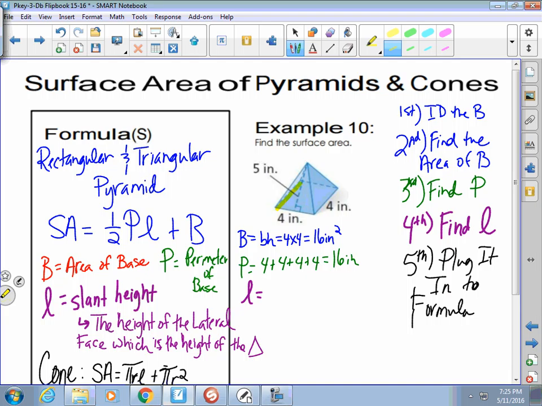Our base is the square here. Now, if you look, this 5 inches is pointing to this dotted line here. And this dotted line right here is slanted. It's leaning, but it's the height in the triangle, this lateral face triangle.